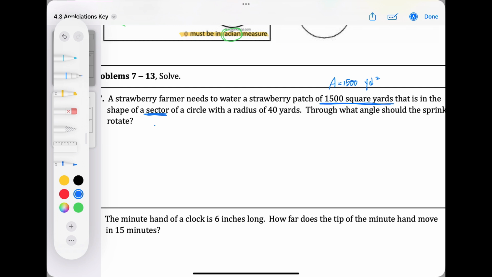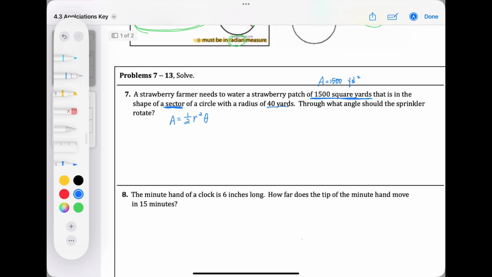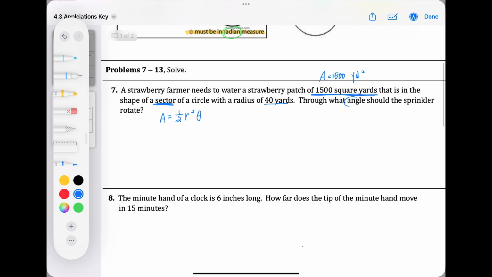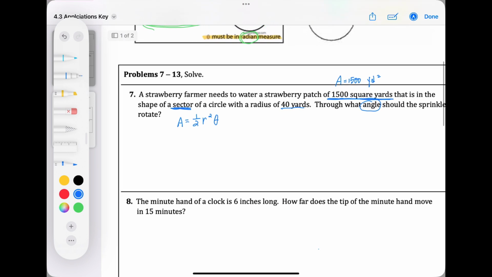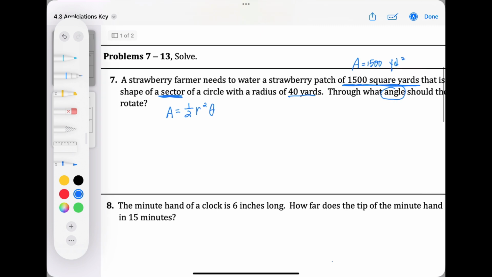Area of a sector, I have a formula. Area of a sector is equal to 1/2 radius squared times the central angle theta. In a circle with a radius of 40 yards, and through what angle? Okay, they want us to figure out the angle of the rotation.